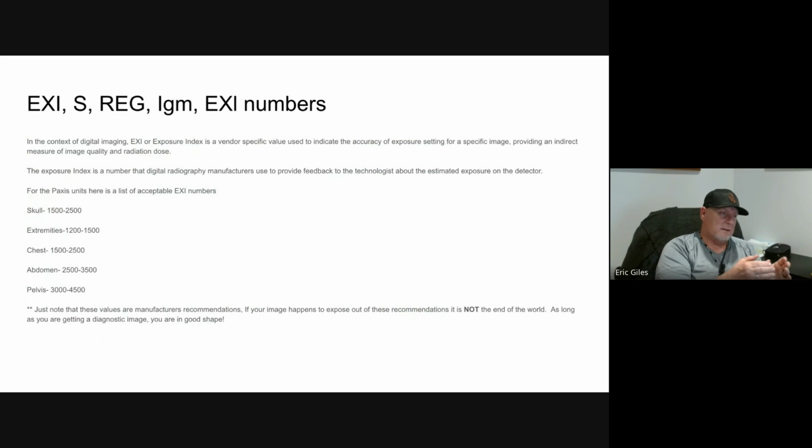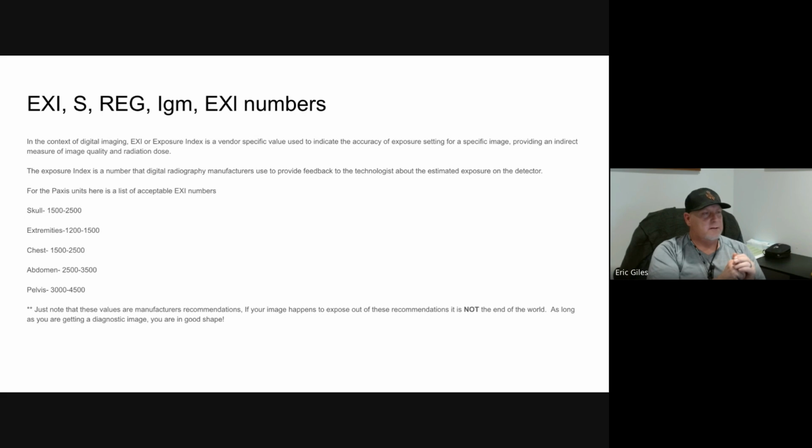However, if we took that picture and we come up with 2,200, it's way overexposed. So if you're having problems telling if a picture is under or overexposed, a good way to tell is with your S number or your EXI number. Just see if you're within those parameters for that machine, for that particular body part, and for that particular exposure. You can tell whether you're over or underexposed.